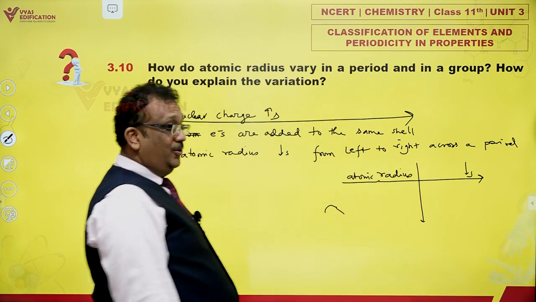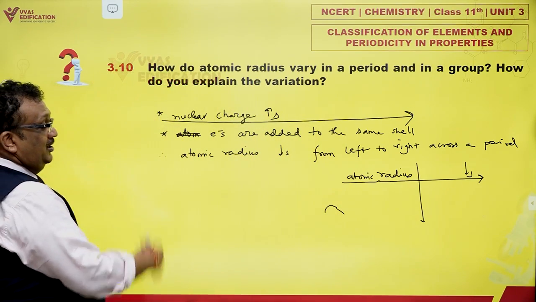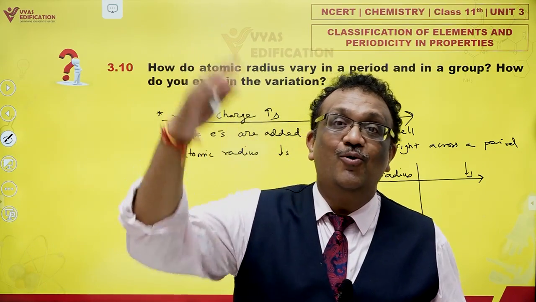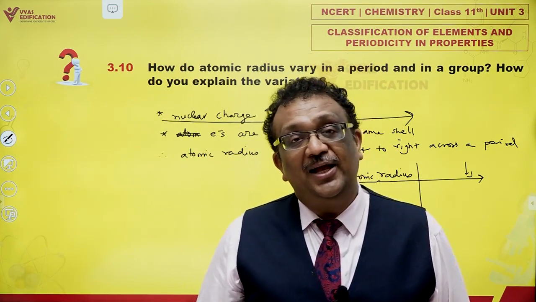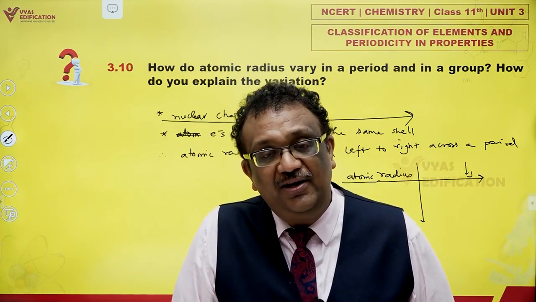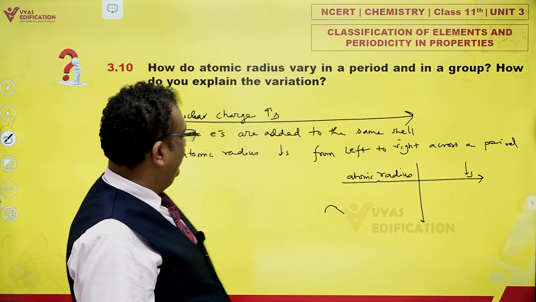What happens down the group? Let's figure that out. Down the group, extra shells are added. Since more and more shells are added, it's something like constructing a ground floor, first floor, second floor, third floor. So the height of the building will increase, or the radius of the atom will increase.